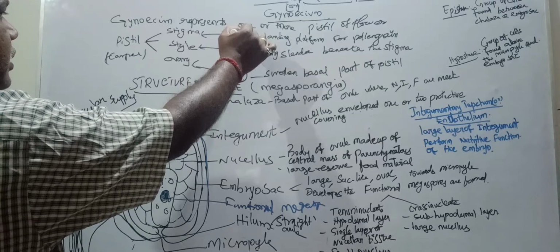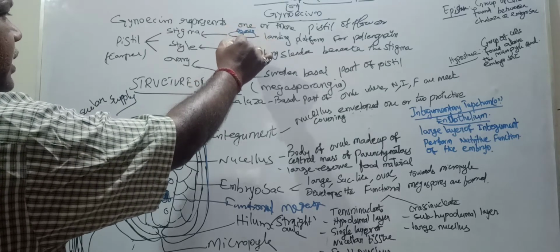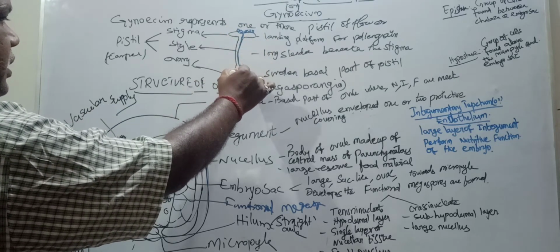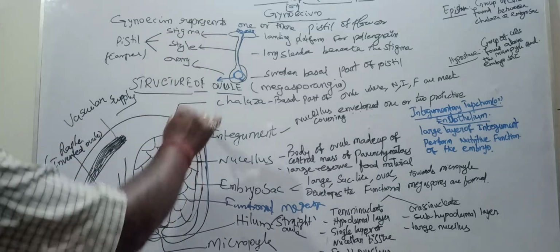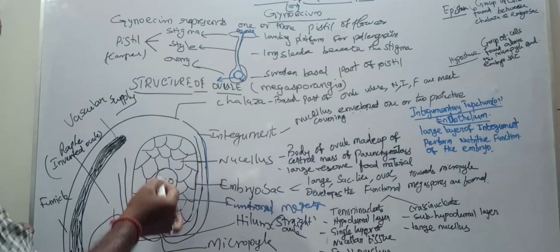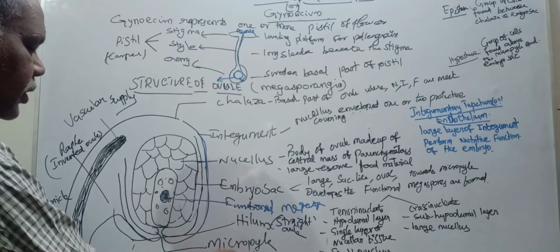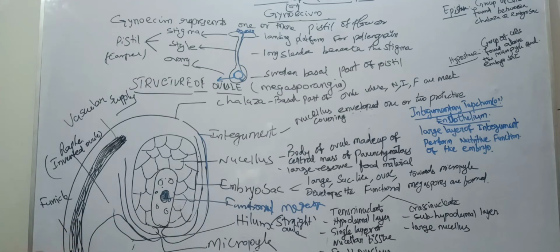The pollen tube from the stigma enters into the ovule. That part is called the micropylar end.